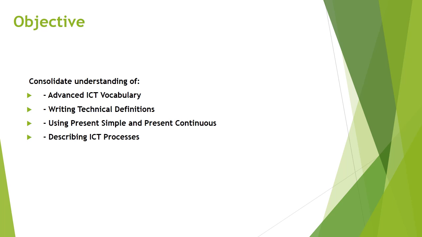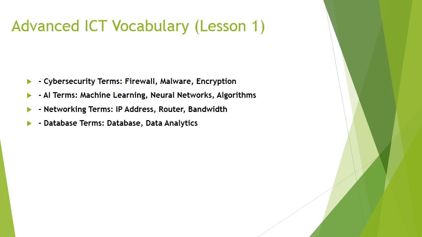So let's dive into our revision and the first lesson. In the first lesson, we have learned some ICT advanced vocabulary. We have seen terms related to cybersecurity like firewall, malware, and encryption.